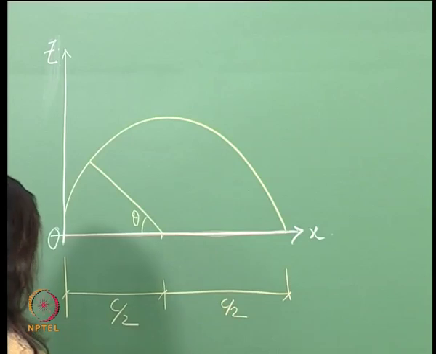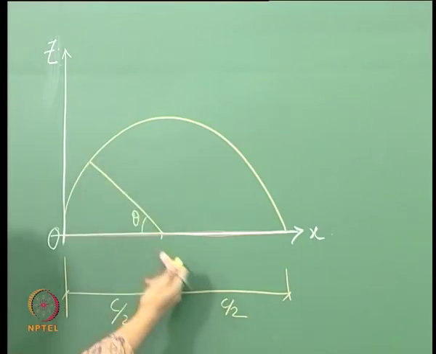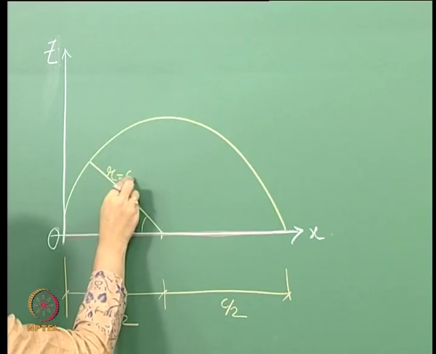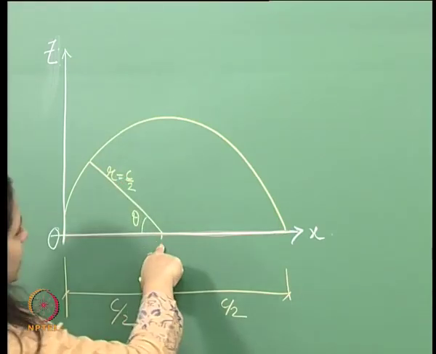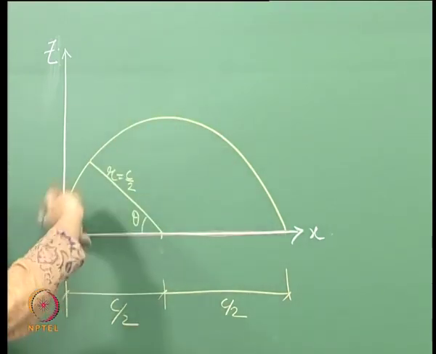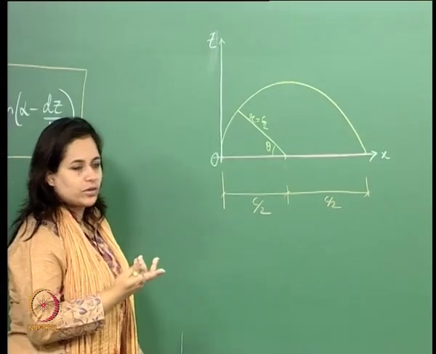So in this particular case, if I take a spherical coordinate system, then this is my one radial direction, which is equal to c by 2. I am basically taking the center of this and drawing a circle, a half circle rather, of radius c by 2.